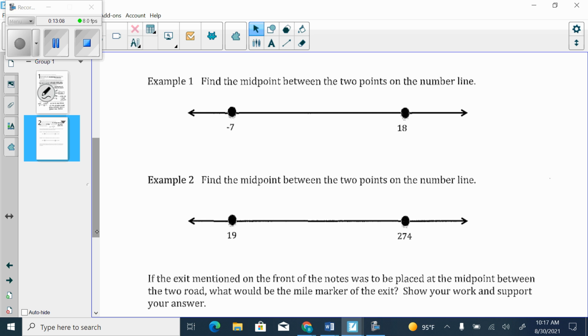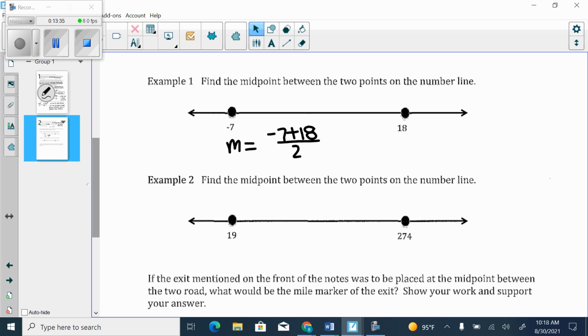If I'm going to find the midpoint here, should be x2. What's our x2? 18 or -7 because I didn't really specify, right? But yeah, either one, -7 plus 18 or 18 plus -7, right? When we add, order doesn't really matter, right? Divided by 2.